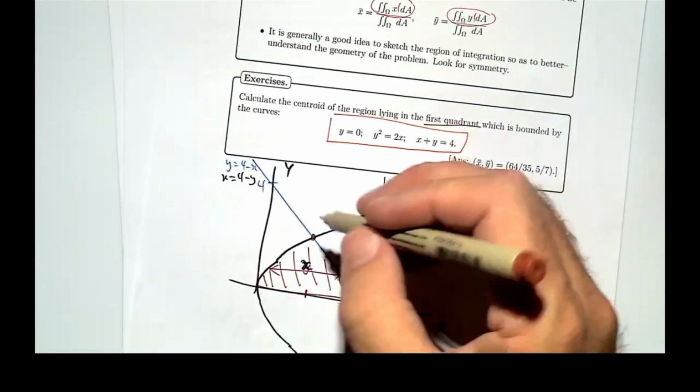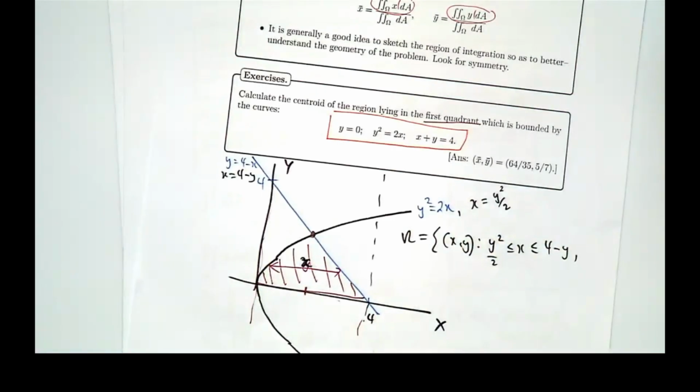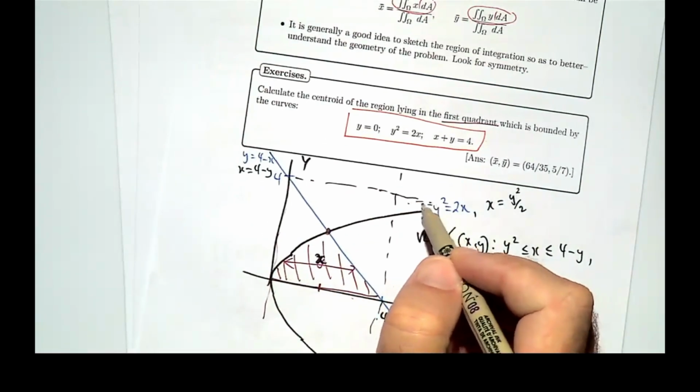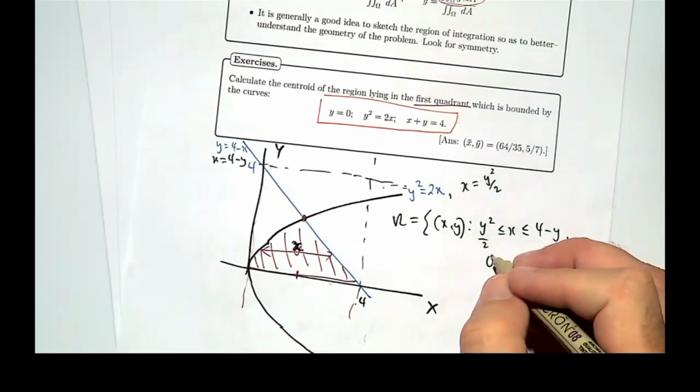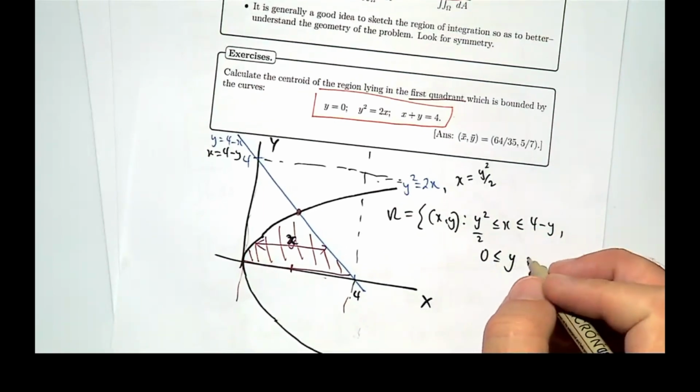Okay, and now I need two parallel vertical lines, so y is going to be between 0 and 4. Okay, just imagine, 0 and 2, sorry.